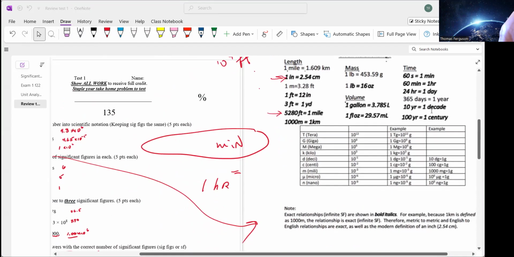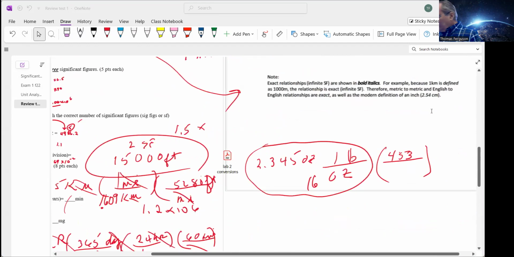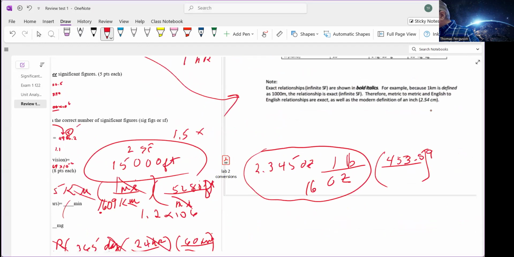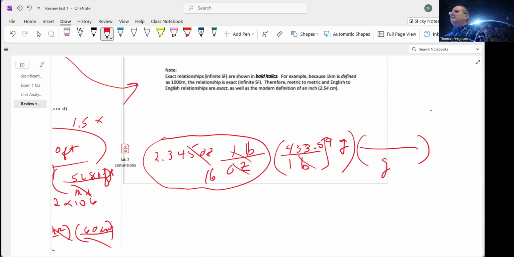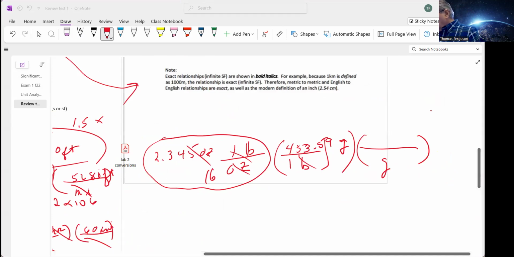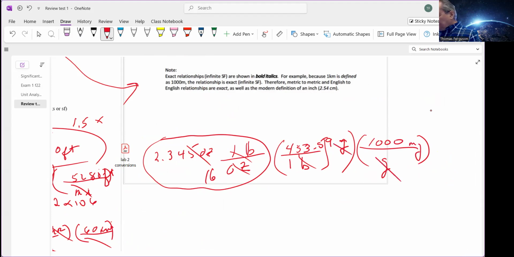Okay, now it's in grams, and now we go grams to milligrams. And how many milligrams are in a gram? 1,000. Okay, so there we are.